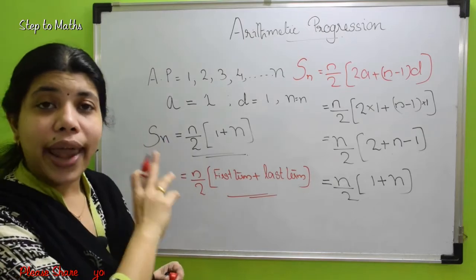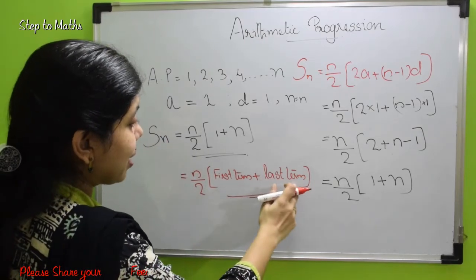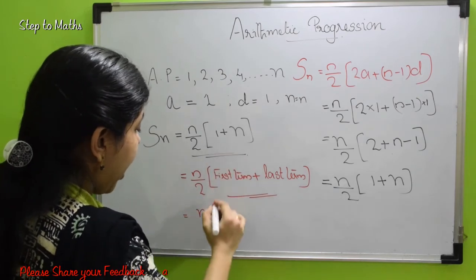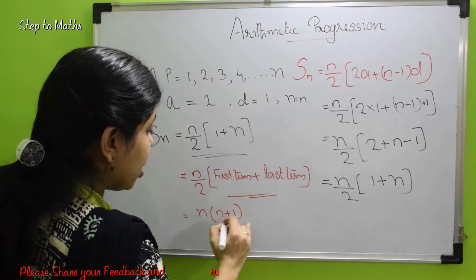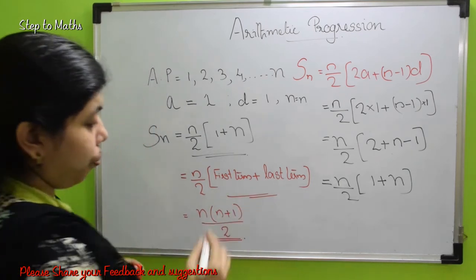The sum of the first n natural numbers is n upon 2 into first term plus last term, that is equal to n into 1 plus n, we can write it as n into n plus 1 upon 2.